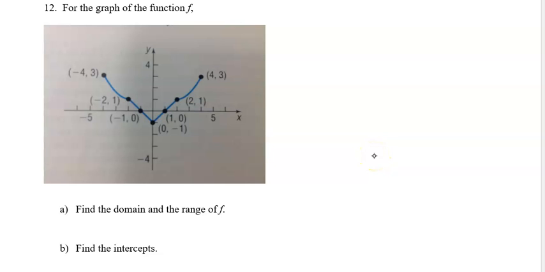Finally, number 12, using this graph, you'll have one like this on your test. Find the domain and range of the function. So the domain extends from -4 to +4. And the range is going from -1 to +3.